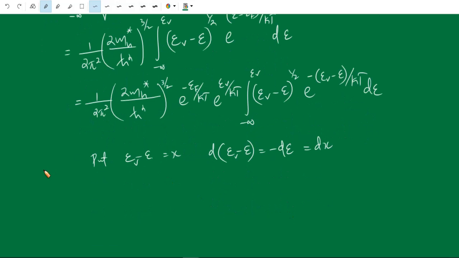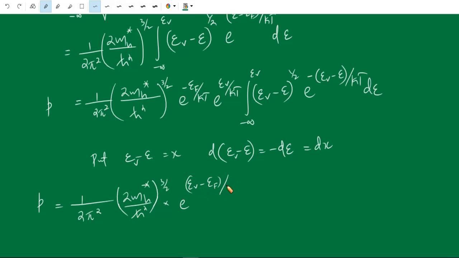So this equation of P will become P is equal to 1 by 2 pi square, (2 mh by h cross square) whole raised to 3 divided by 2, into e raised to (Ev minus Ef) divided by kT.